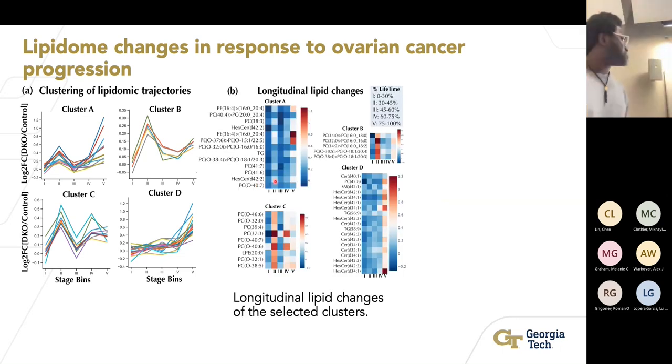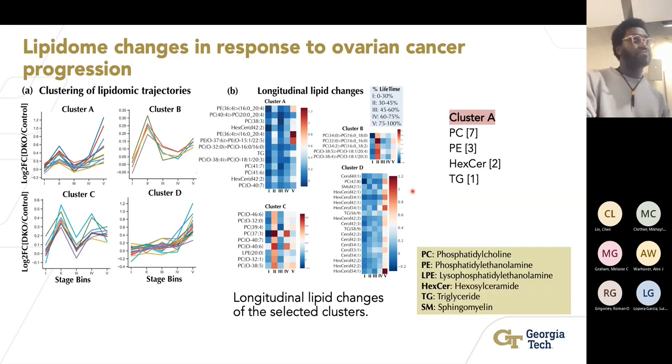And this is another presentation of the results. It's factually the same thing, but the thing to point out is when we actually start looking at what the lipids that make up these clusters are. So cluster A contains phosphatidylcholine, phosphatidylethanolamine, and these are phospholipids.